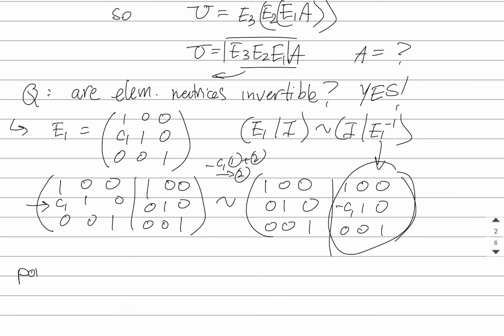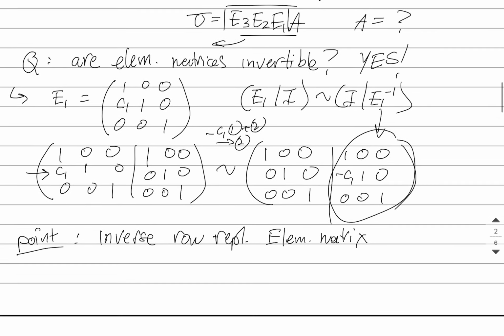So the point of all of this: the inverse of a row replacement elementary matrix is simply the exact same matrix with the sign of that other non-zero number changed. So if I have an E1 of 1, 0, 0, C1, 1, 0, 0, 0, 1, its inverse exists, and it simply changes the sign here.